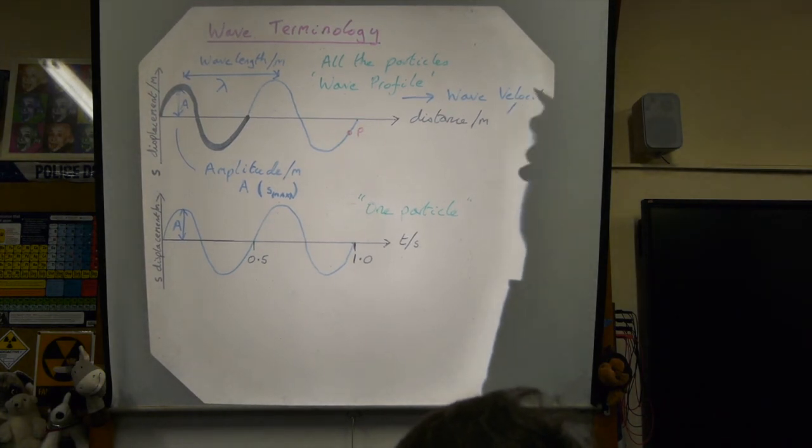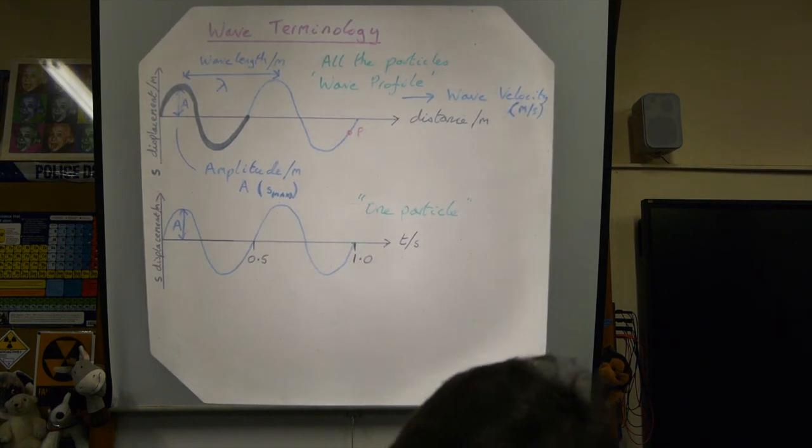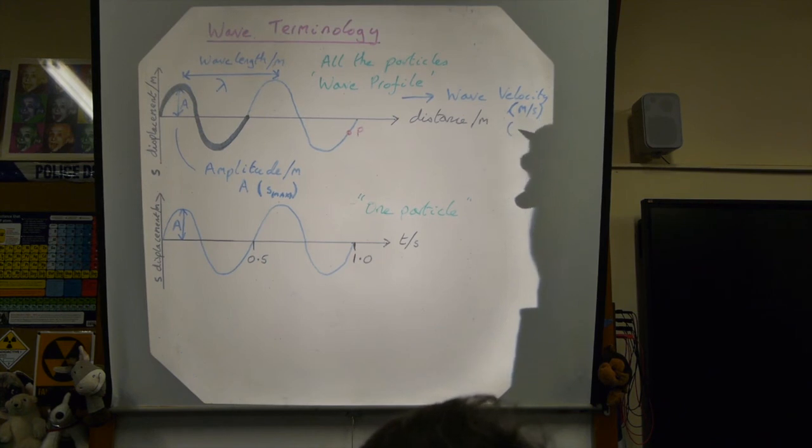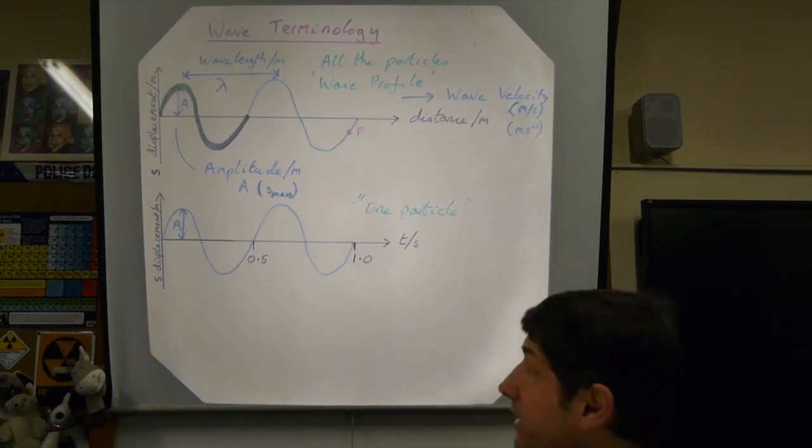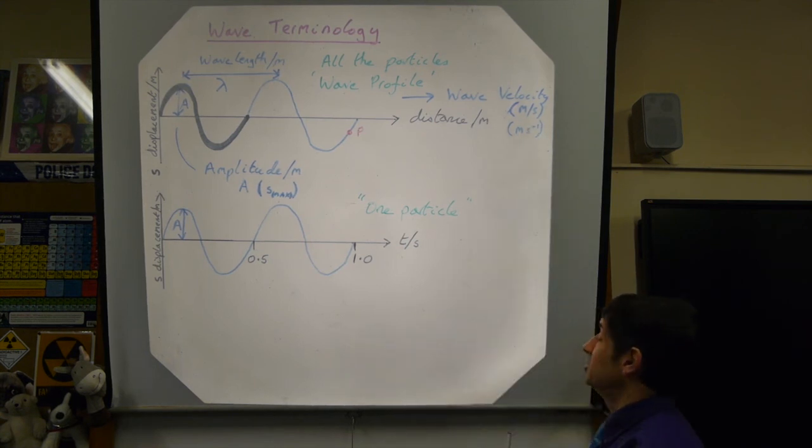And that's going to be measured in, I'll put it in brackets to make it a bit clearer, meters per second. Or obviously at A level, we really want to say meters seconds to the -1. We want to get away from this kind of notation.